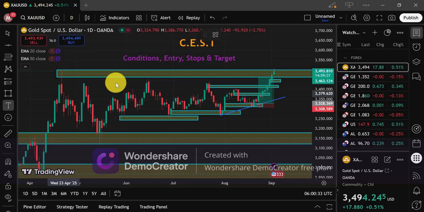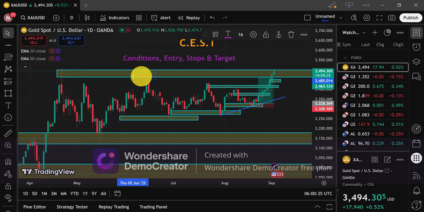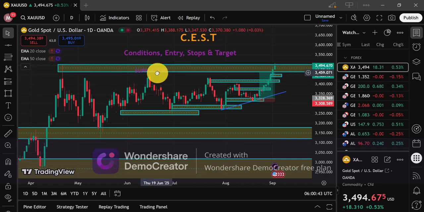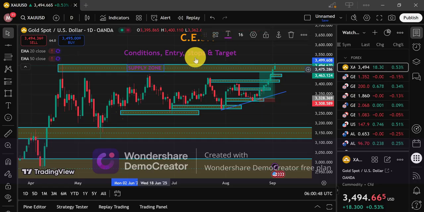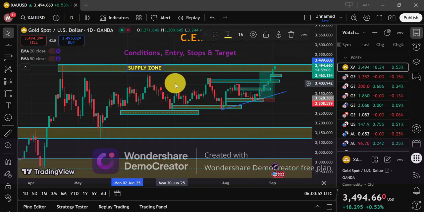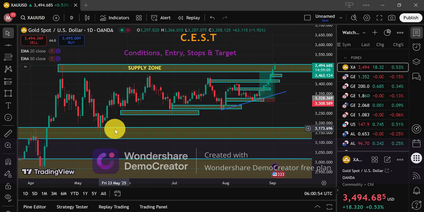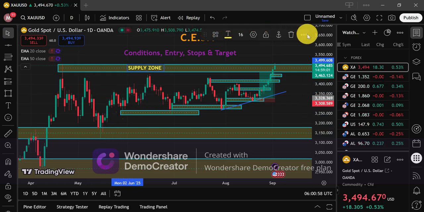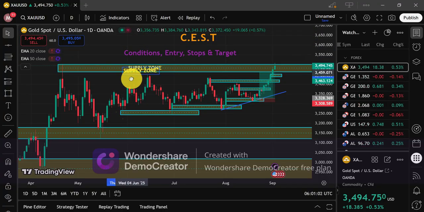So I could literally add this supply zone. I think I have to change the color. Yeah, my supply zone. Okay, and this would have been my demand zone. So let me clone that.